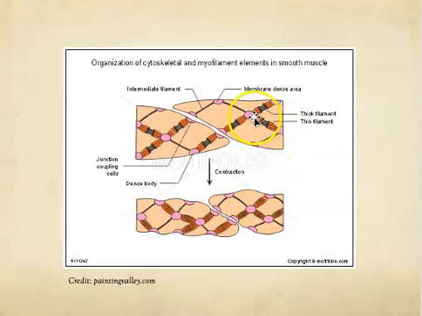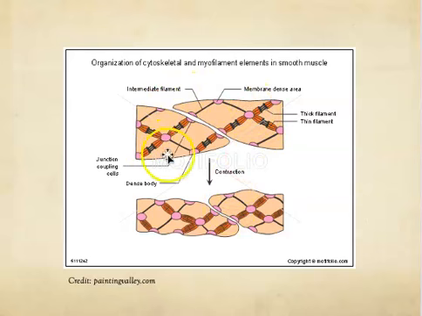So the thin filaments in orange are going to slide over the thick filaments in green. That's going to shorten the distance between two dense bodies. Those shortening actions are going to pull on the intermediate filaments, causing that entire meshwork to tighten around the cell.